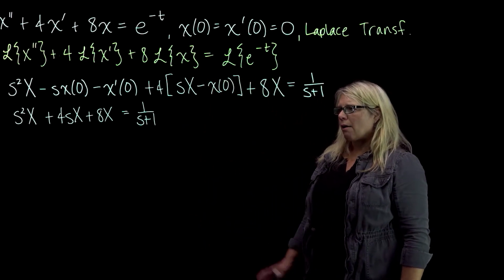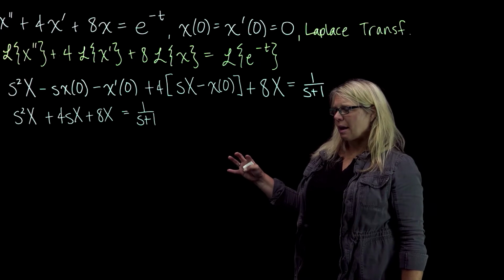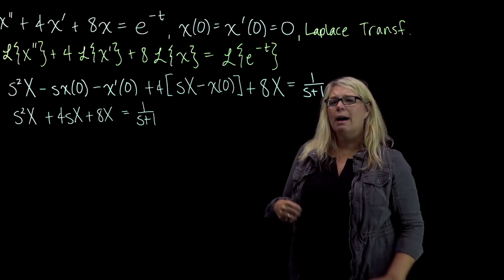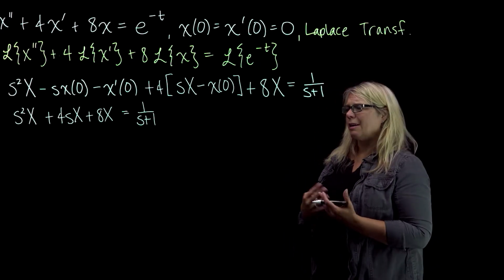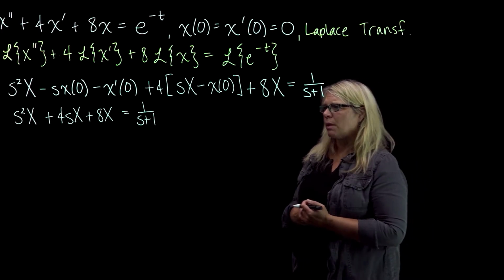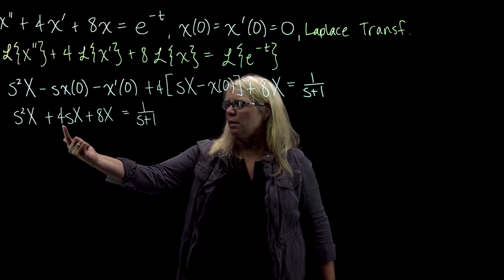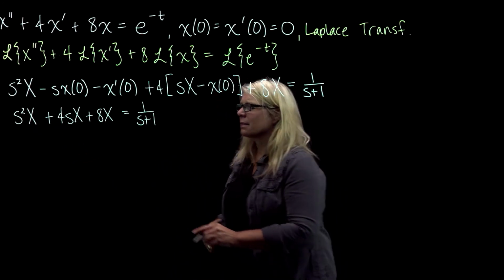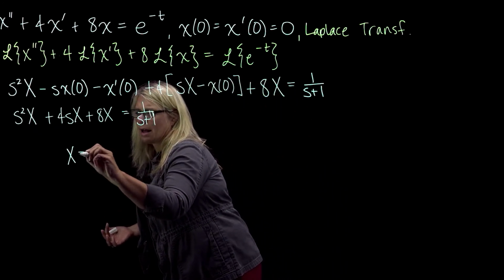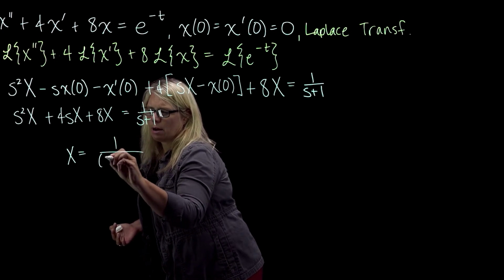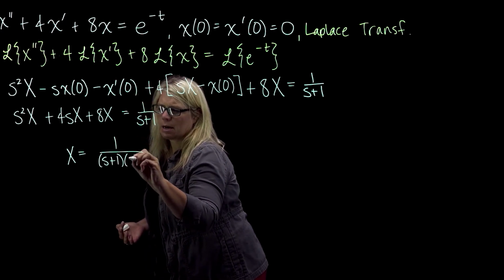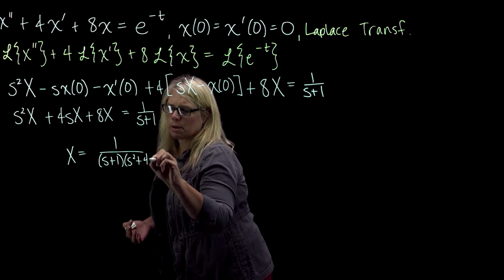Okay, so now I need to factor out the capital X and divide through by what's left, and then do whatever algebra is necessary so I can do the inverse Laplace transform. When I factor out the capital X, I'll be left with s squared plus 4s plus 8. And when I divide through by that, we'll have 1 over s plus 1 times s squared plus 4s plus 8.